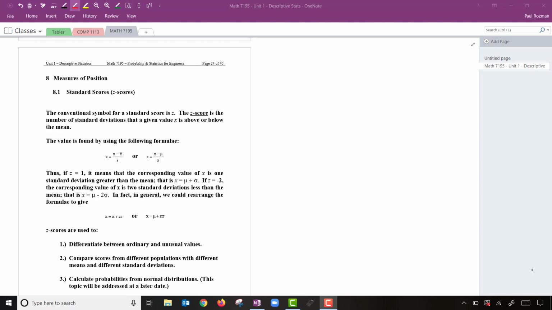We're going to use these in several ways throughout the course. We've already discussed this topic a little bit when we were talking about the empirical rule and Chebyshev's theorem. With each score in any data set, you can calculate how many standard deviations that score is above or below its mean. So, for example, I could have a score x equal to the mean plus some number of standard deviations.